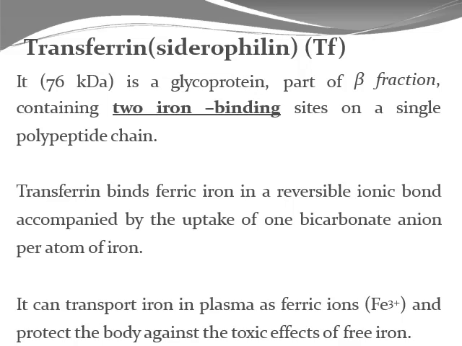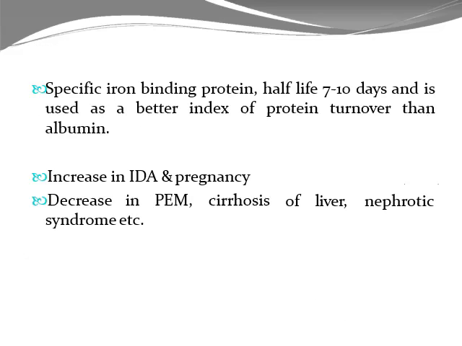It can transport the iron in the plasma as ferric ions and protect the body against the toxic effect of free iron. Its half-life is around 7 to 10 days and it is used as an index for protein turnover. It is increased in conditions like iron deficiency anemia and in pregnancy, and decreased in protein energy malnutrition, cirrhosis and nephrotic syndrome.